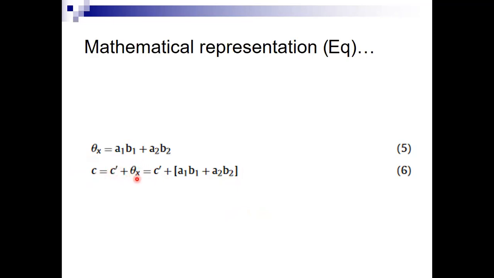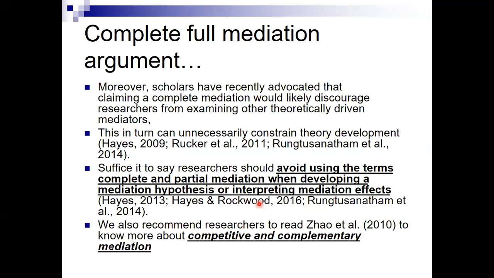Then theta X, which is this component here, is simply the total of indirect effects, of the mediation effects, because mediation effects are the indirect effects, okay? So that's how you establish the total and establish it in terms of percentage. I'll show you how to do that in a software that would be much easier, okay?